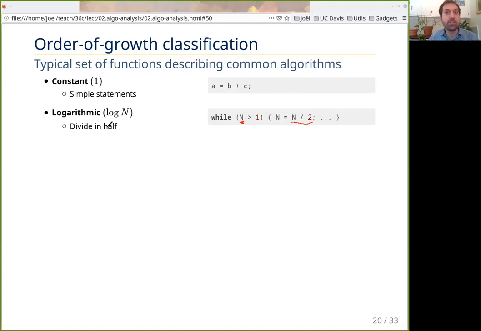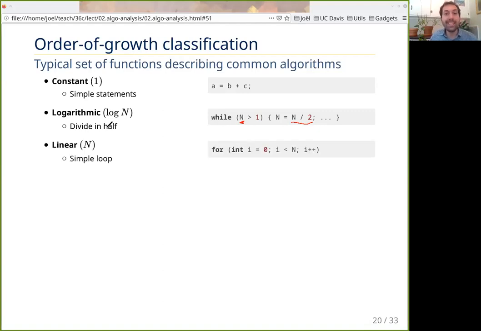The binary search that we talked about last time is a logarithmic algorithm, because if you have a set of n numbers that are sorted, and in order to find one, you jump to the middle and you discard half of what remains, and you keep doing that, then you will find the number that you're looking for in logarithmic running time.